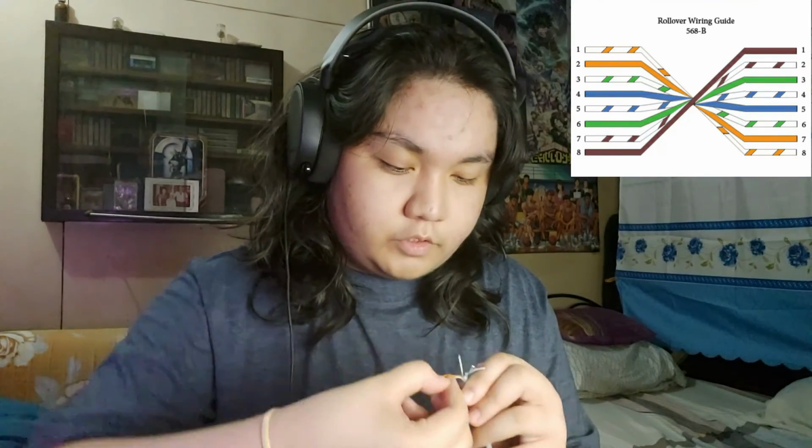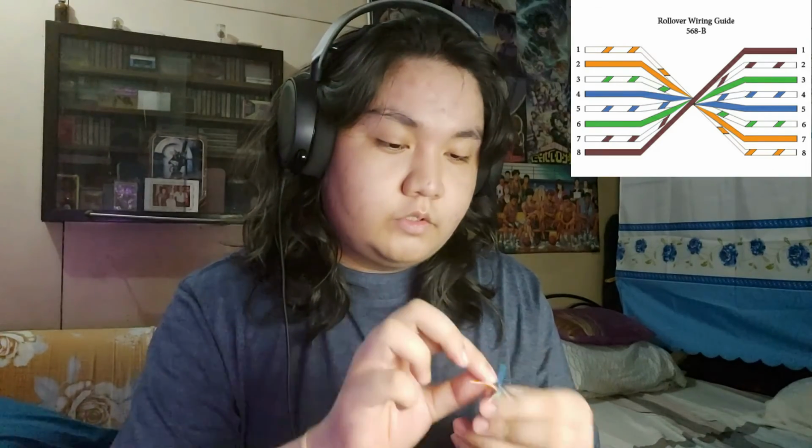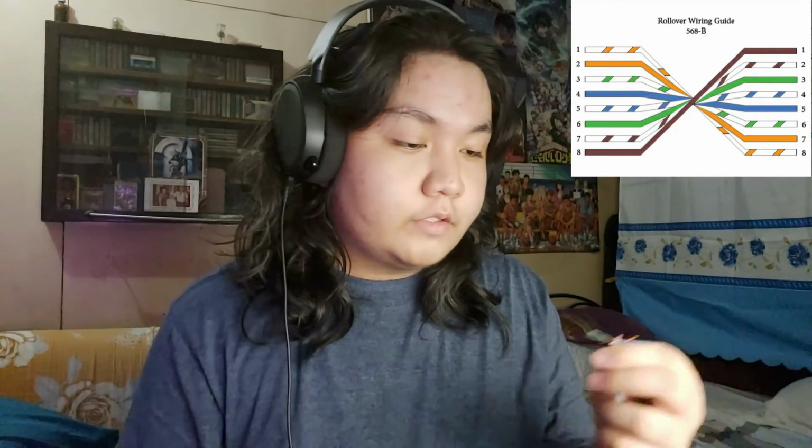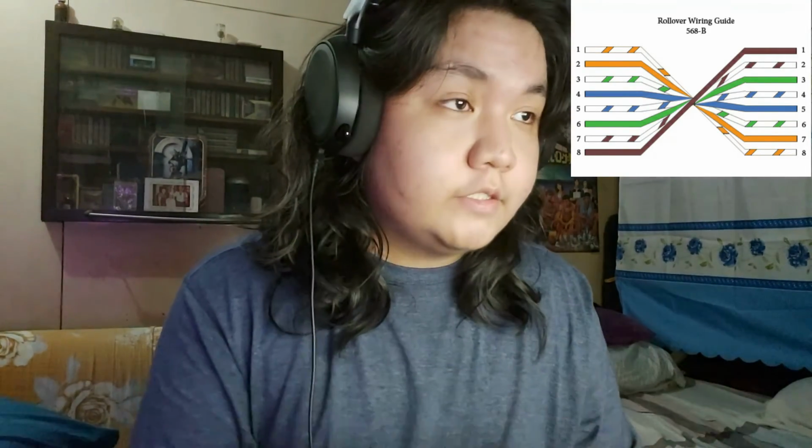The cables commonly used are the straight through cable and the crossover cable. Our rollover cable also has a different color pattern on both ends.